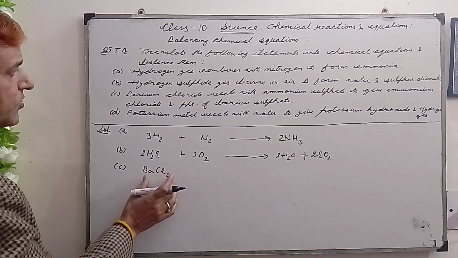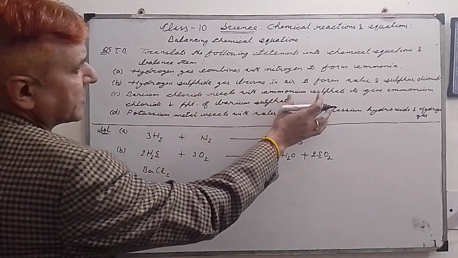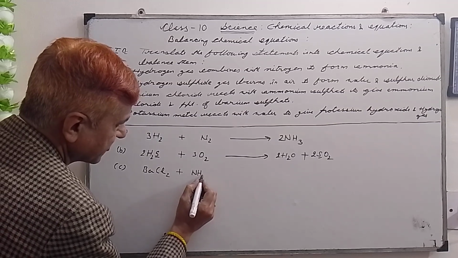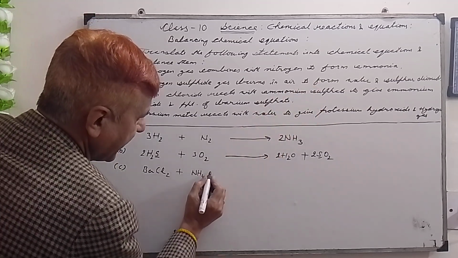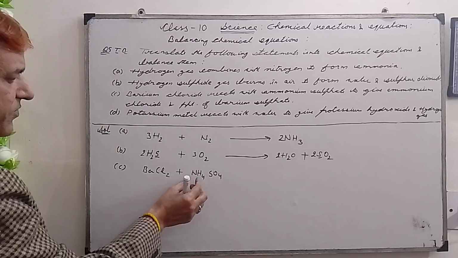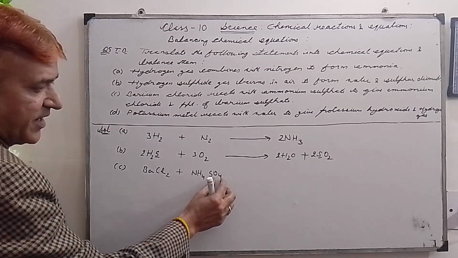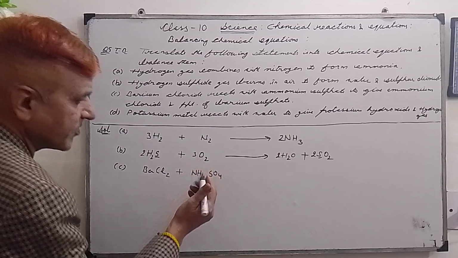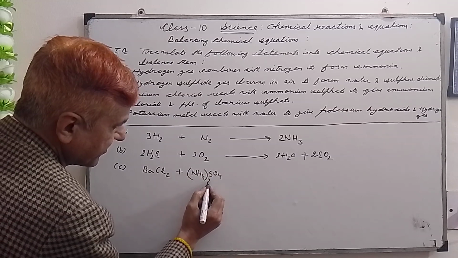So BaCl2, barium chloride, reacts with ammonium sulfate. Ammonium, I have told you, NH4 is the ammonium group, and sulfate, SO4. So the valency of ammonium is 1, so this is all right, and the valency of the sulfate ion is 2, so I have to write it like this.